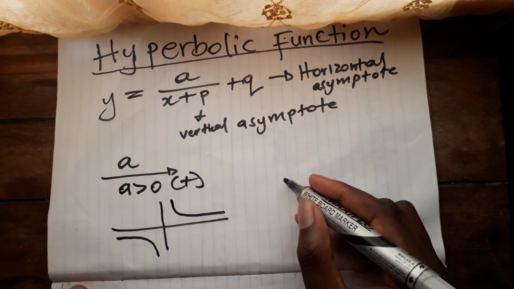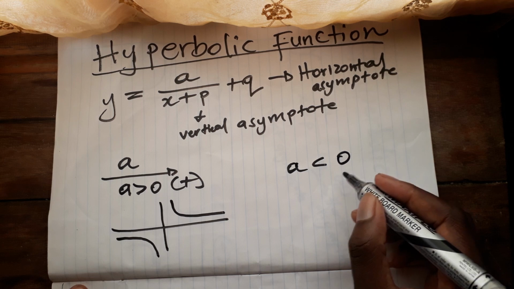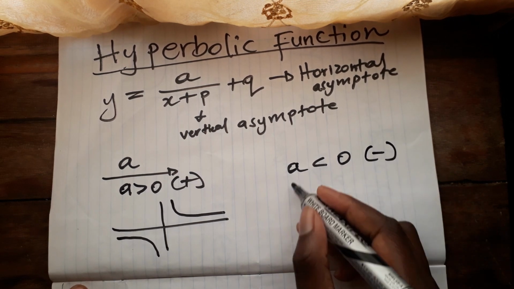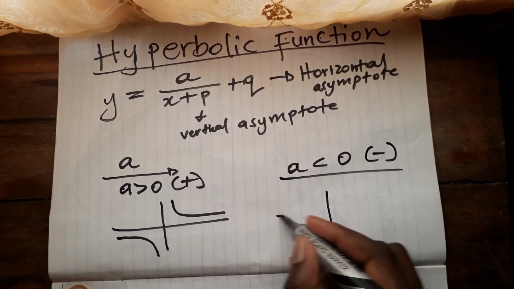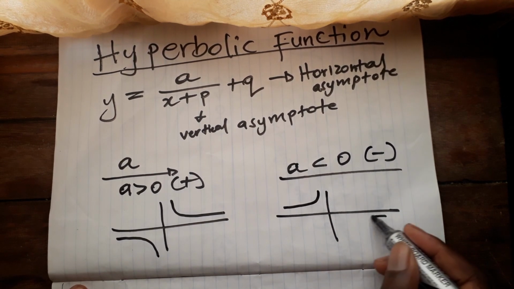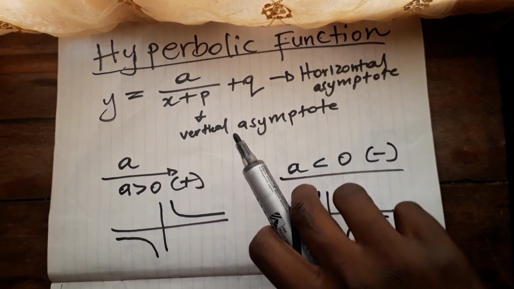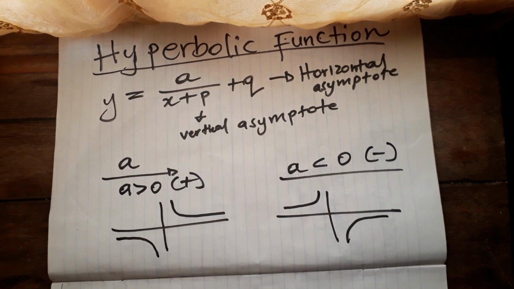And when the value of a is less than 0, which means that it is negative, your graph is going to be on the second and fourth quadrant, just like that. It will be in this way or that way. Now let's try to answer the exam questions using the general formula.